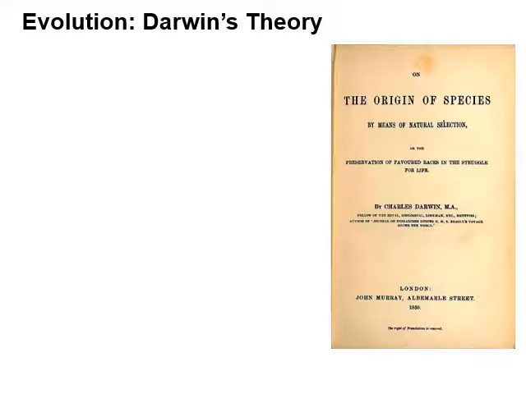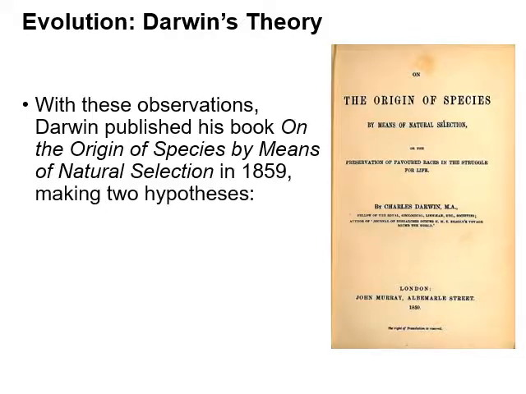So after his trip on the boat in the 1830s, he then kind of ruminated on this. So he thought about the things that he found, and he published a very important book. All right. So in 1859, he publishes a book titled "On the Origin of Species by Means of Natural Selection."